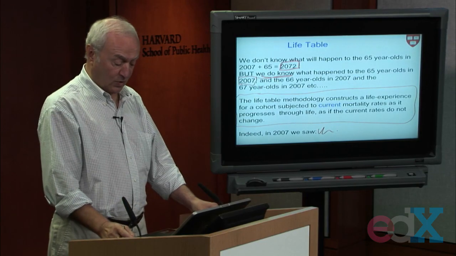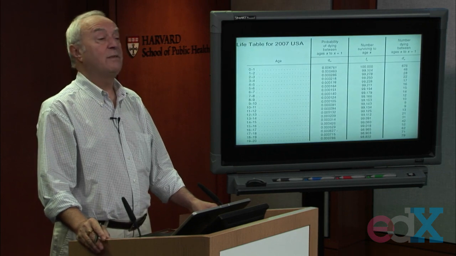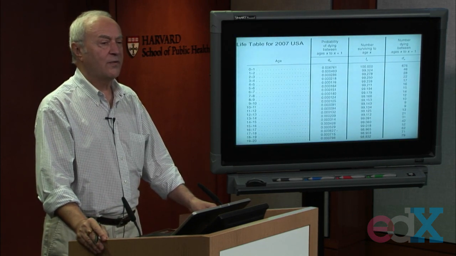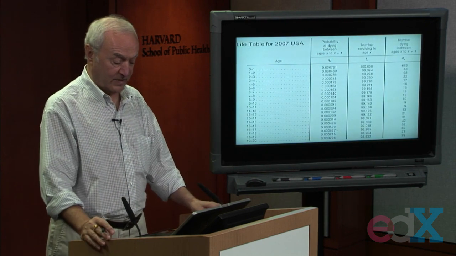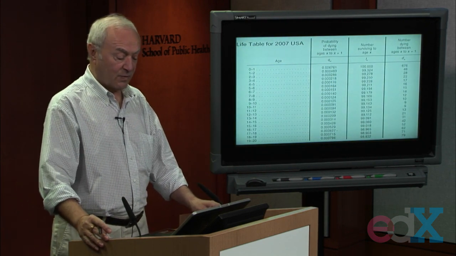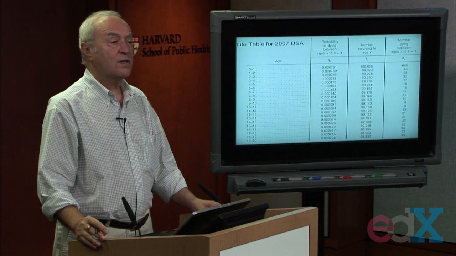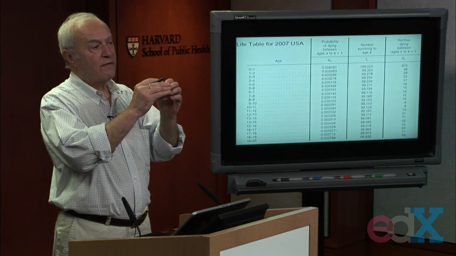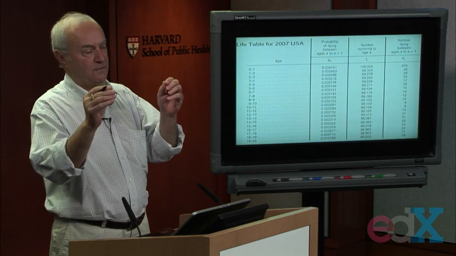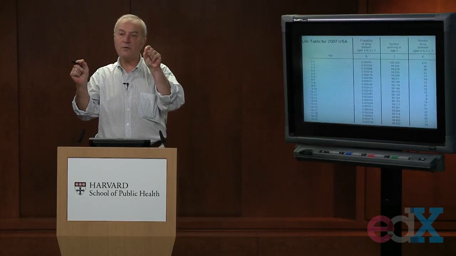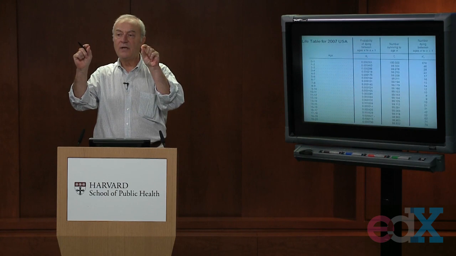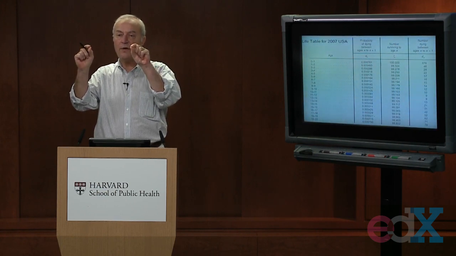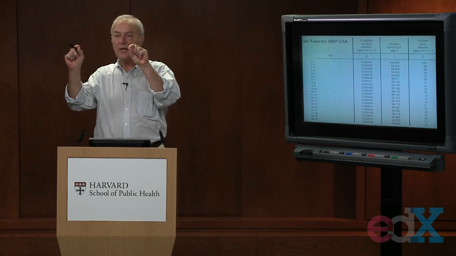Let's look at it a little bit more closely. In 2007, let's take a look at what happened in the first 20 years of life. That's because I can only put 20 years of life on this slide. If in 2007, I look at all the babies born in 2007 and I follow them up for 1 year, that means a baby born on January 1st, 2007, I have to follow up until January 1st, 2008.